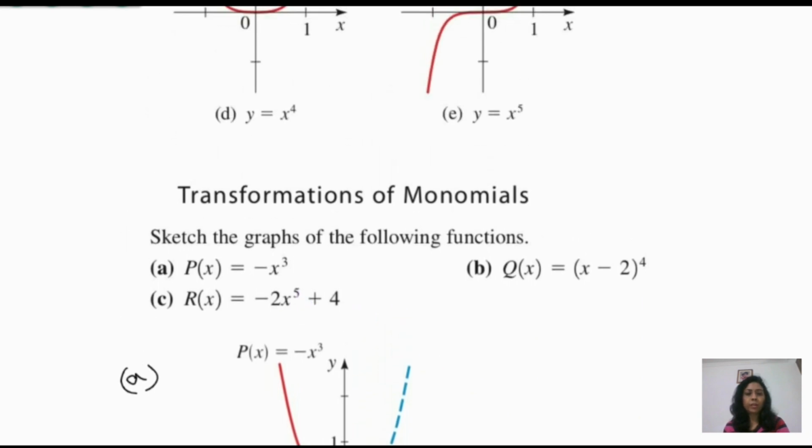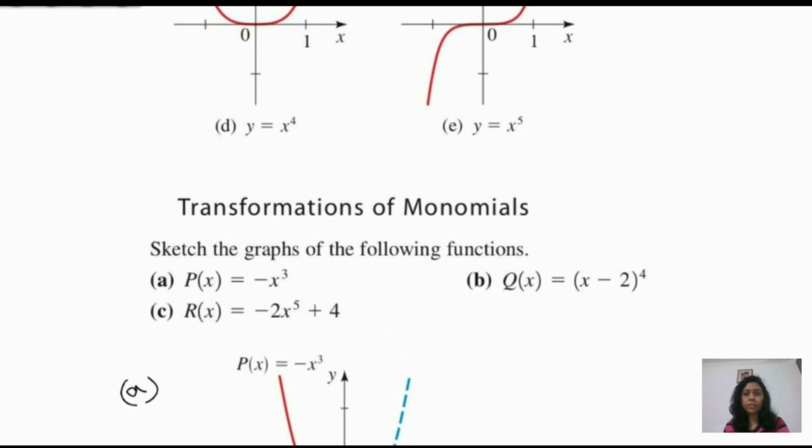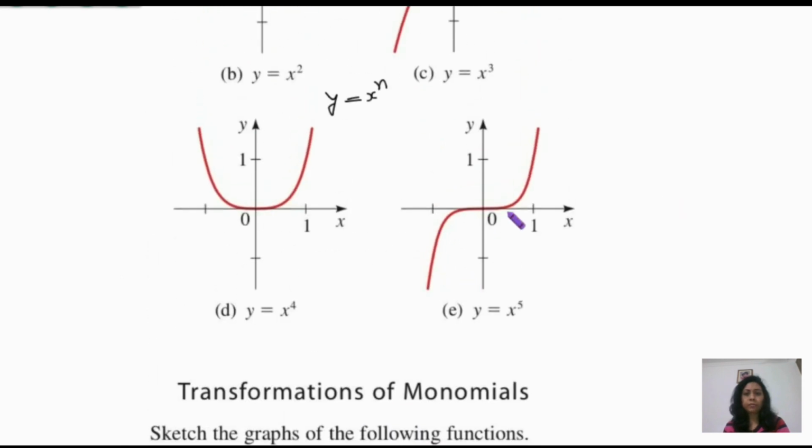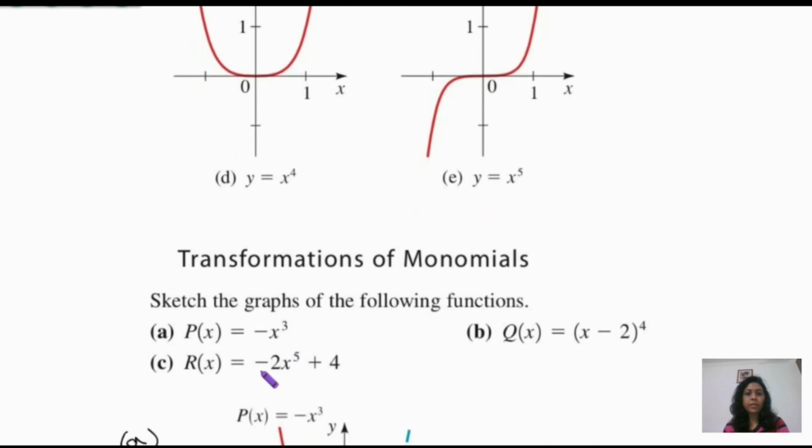Now question c, R(x) is equal to minus 2x^5 plus 4. Here the power is odd, which means a graph like this, and this is y equal to x to the power 5. Our graph is minus 2x^5. Multiplying by minus 2 means the graph is obtained by stretching the graph vertically and reflecting it in the x-axis.